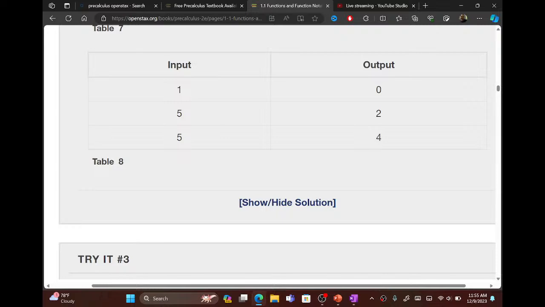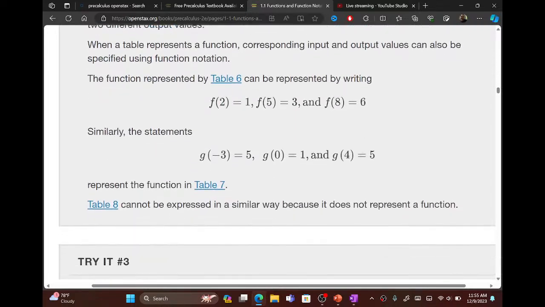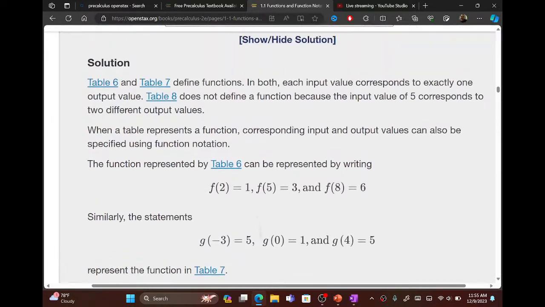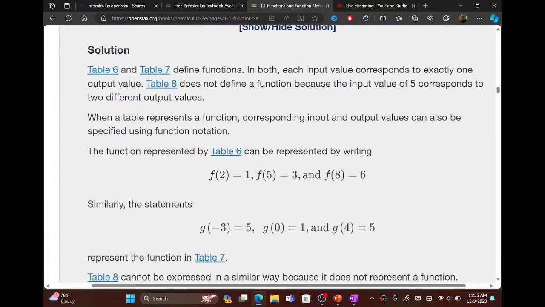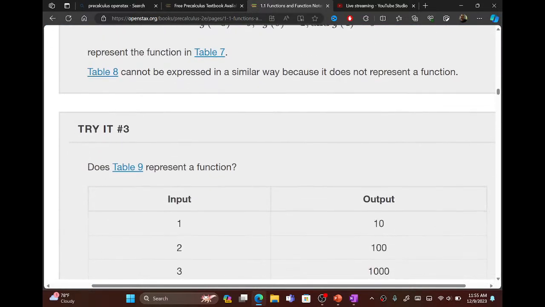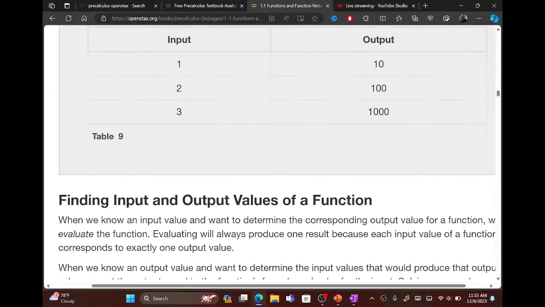Let's look at the solutions. We can clearly see table 6 and table 7 define functions. In both, each input value corresponds to exactly one output value. Table 8 does not define a function because the input value of 5 corresponds to 2 different output values. And that is exactly what I had said. We cannot have 2 output values for one input value. That cannot happen.